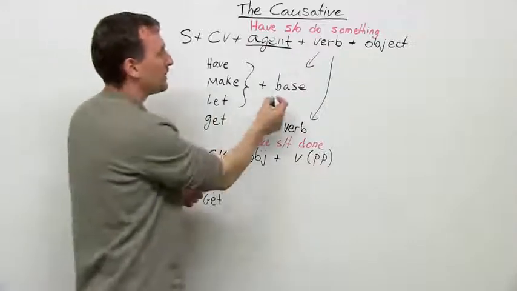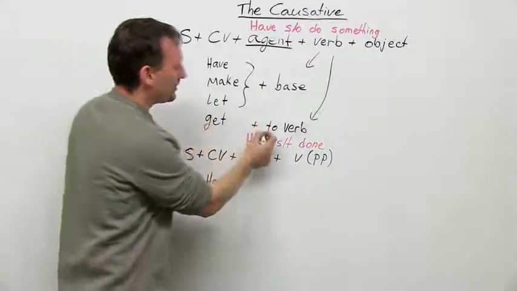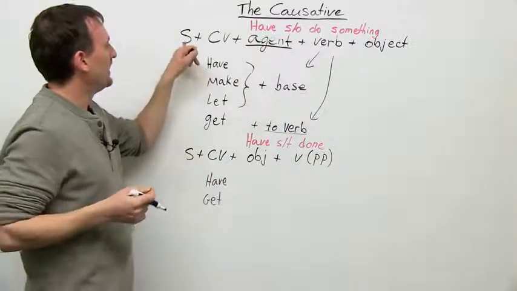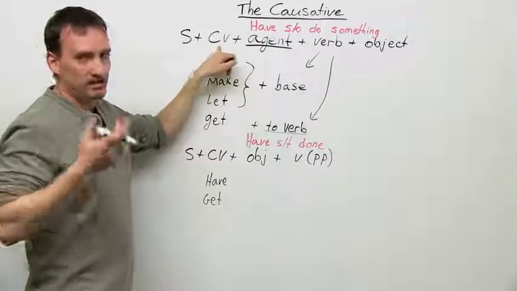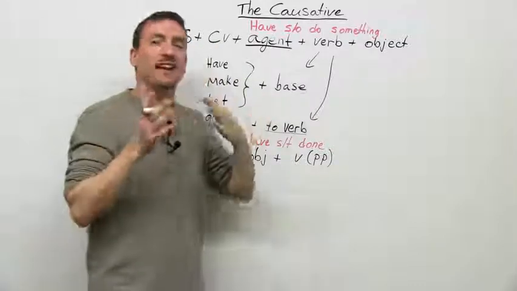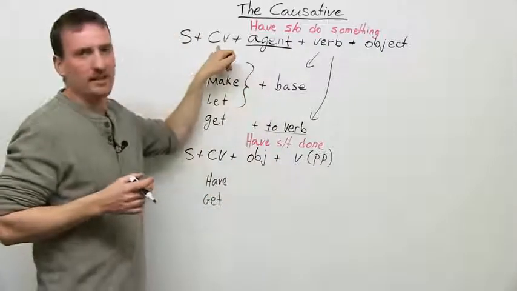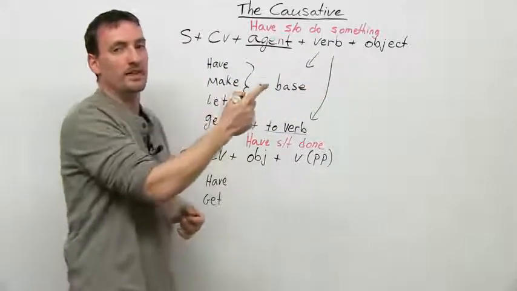Why? Because I'm going to use a base verb with them. With get, I'm going to use an infinitive verb, to verb. Okay? So again, subject, I. For example, had, you can go past whatever tense you're looking for, future, past, present. Your causative verb is going to take the tense.